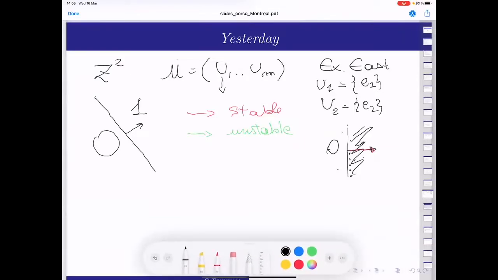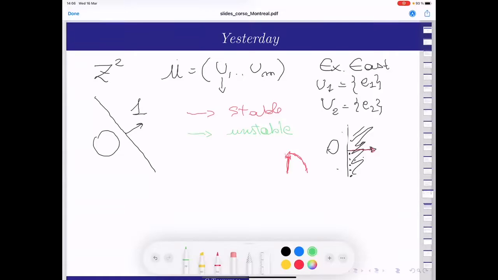The same can be checked for the vertical direction, and also for any other direction on the first quarter of the circle: you can directly check that all of them are stable.